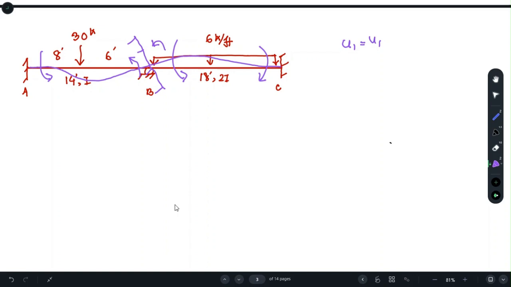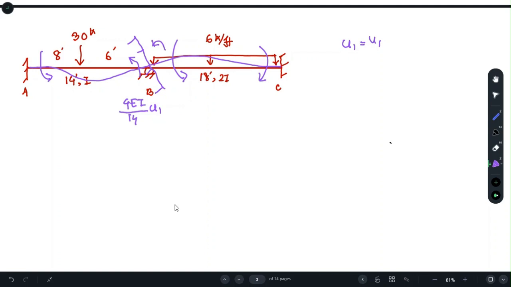We'll get a moment here of 4EI over L, where E is the modulus of elasticity of the material and I is the moment of inertia. Here the L is 14, multiplied by u1.